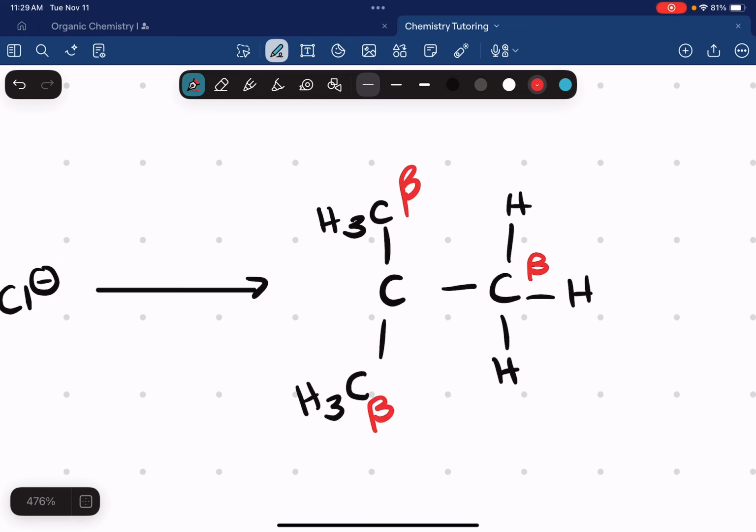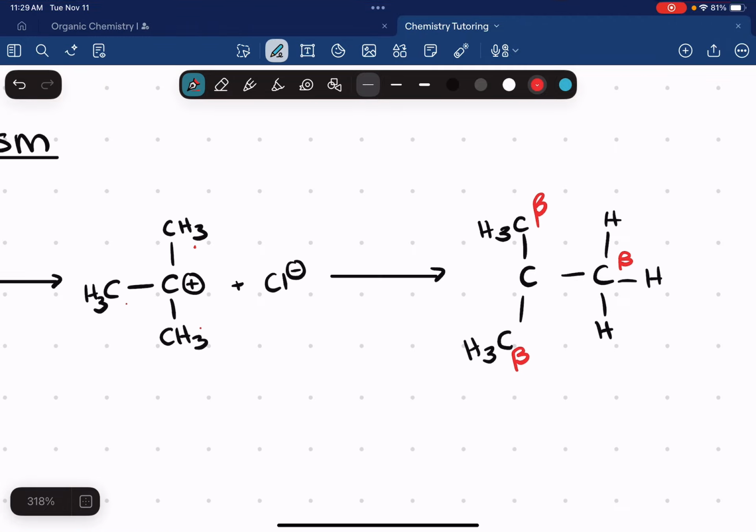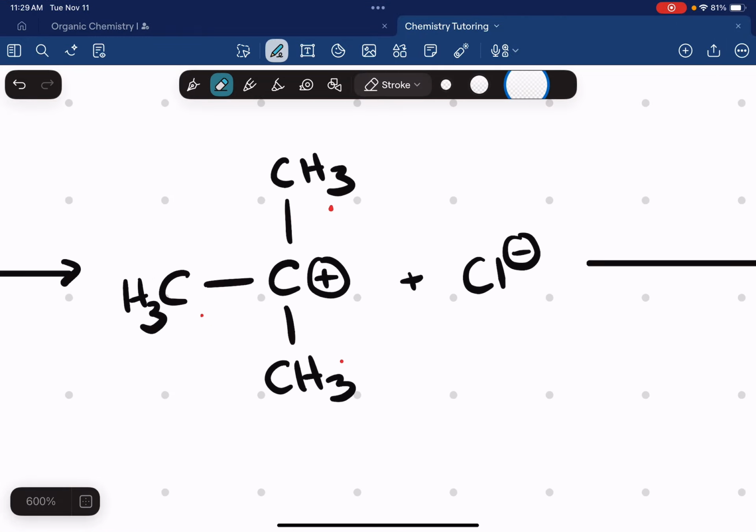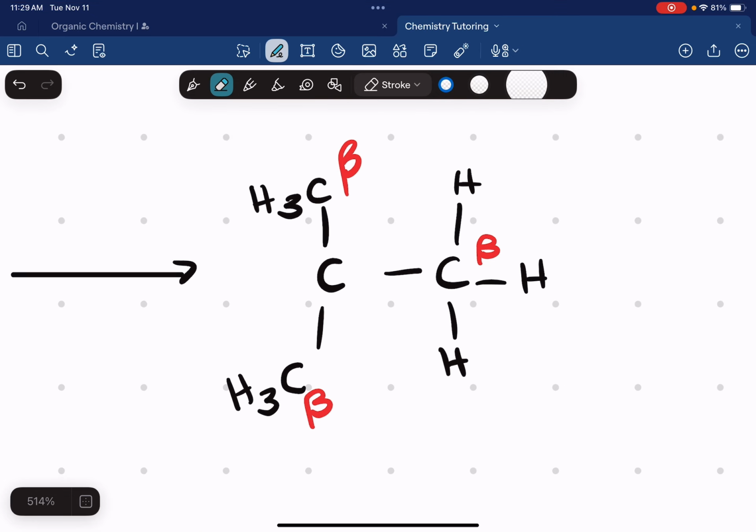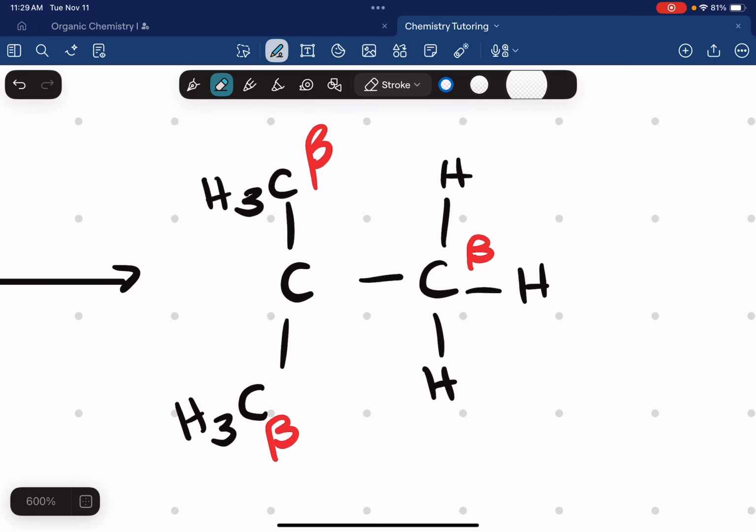And I'm only restructuring it like this so that you guys can see the hydrogen a little bit better, because the hydrogen is what causes the double bond, right? The beta carbon's hydrogen. So all of these are beta carbons. You could have used any of them, really. There's no rhyme or reason behind why I chose the one that I chose, and you can't even tell which one I chose because I just restructured the molecule, right? It could have been any of them. But they're all beta carbons, and they're all pretty equivalent beta carbons.